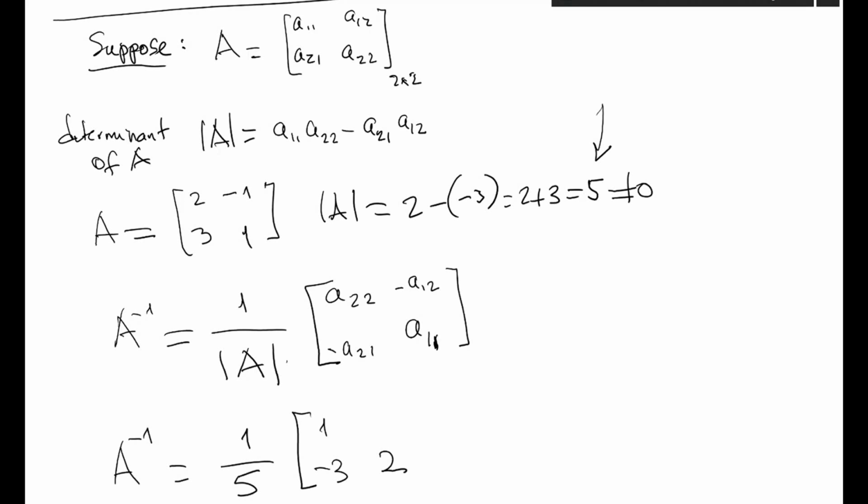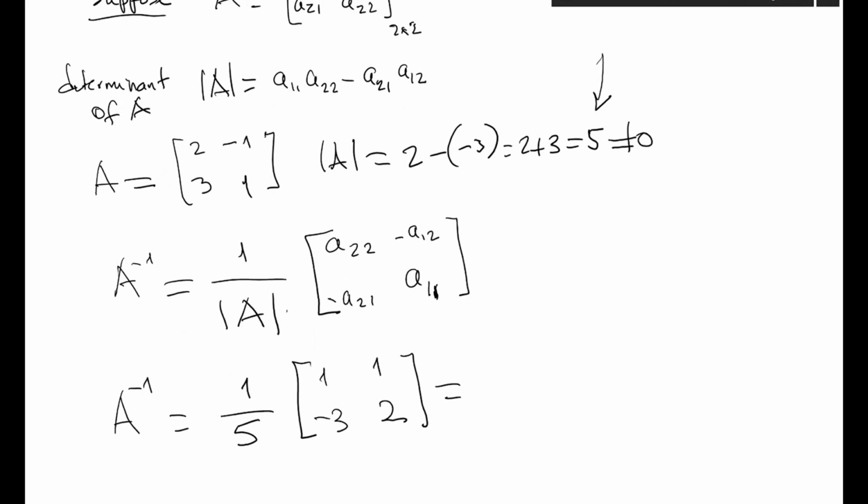Minus 3 changes from plus to minus, and from minus to plus. This is the inverse. Remember how to multiply a matrix by a scalar: multiply each entry. Then this gives you 1 divided by 5, 1 divided by 5, minus 3 divided by 5, 2 divided by 5.